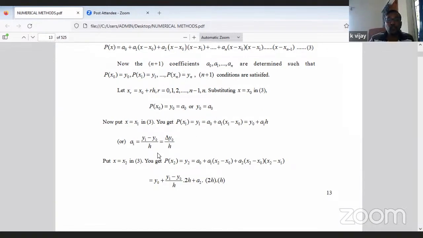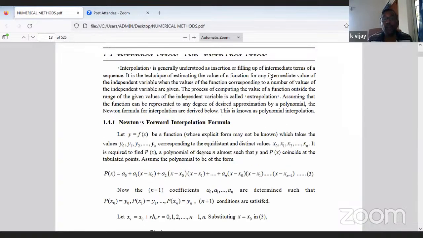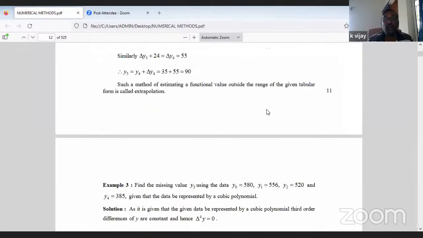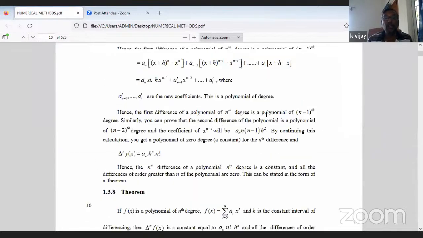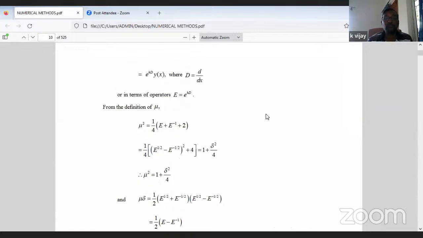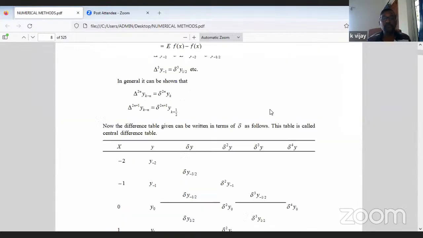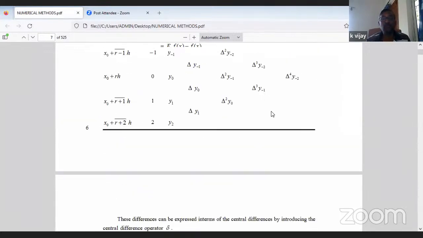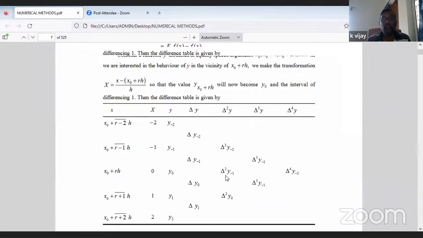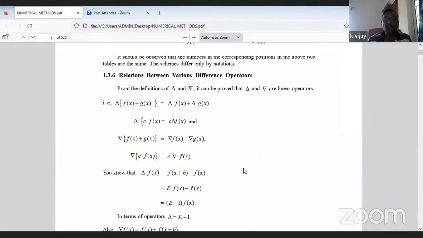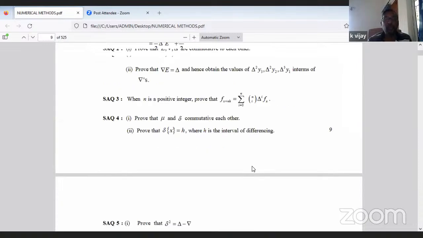Putting x is equal to x1, substituting here, we get y1 minus y0. See the earlier table, y1 minus y0 is del y0. Here I'm showing the same practical method.